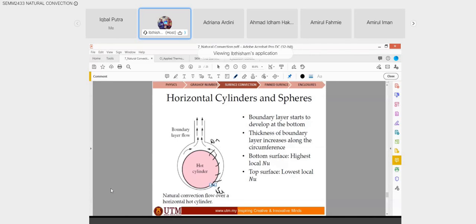So bila Nusselt number kat bawah ni tinggi, okay, highest Nusselt number, so h kita pun akan tinggi, so Q kita pun akan tinggi as compare dekat region atas. So kat bawah ni lebih sejuk sikit. Bukan lebih sejuk, heat transfer rate tu lebih tinggi. Okay, because of heat transfer coefficient kita tinggi as compare to the top.